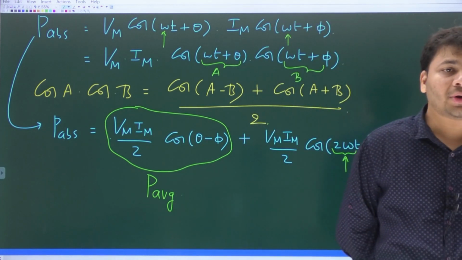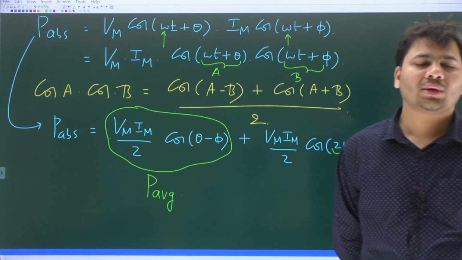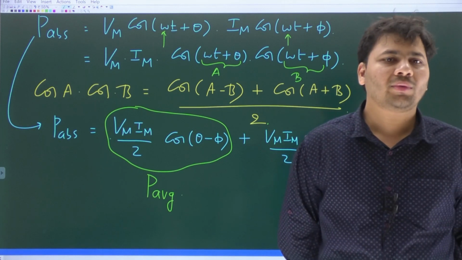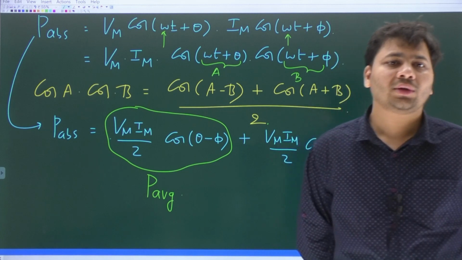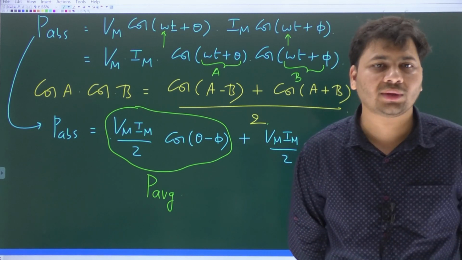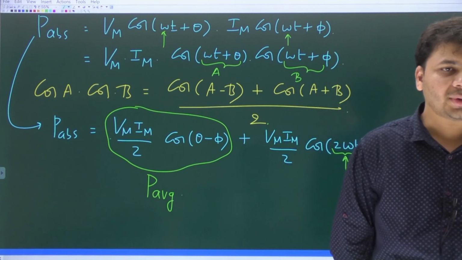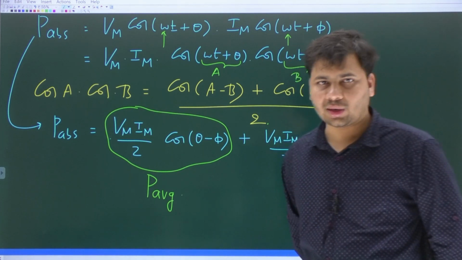Vm is the amplitude of the voltage. Im is the amplitude of the current. Vm Im by 2 times the cosine of the phase difference between the voltage and the current.